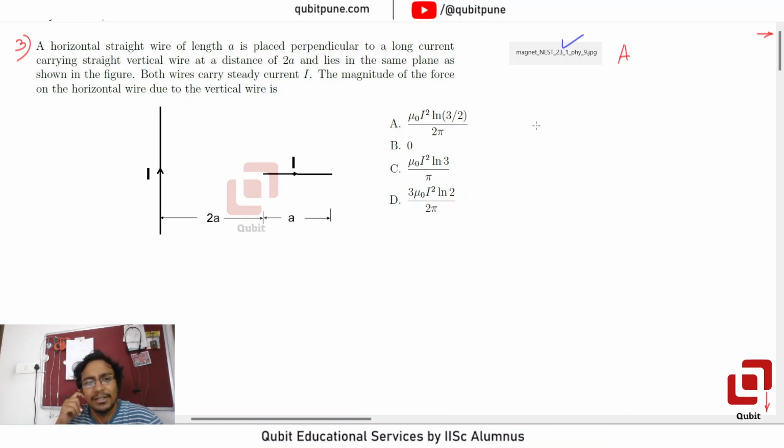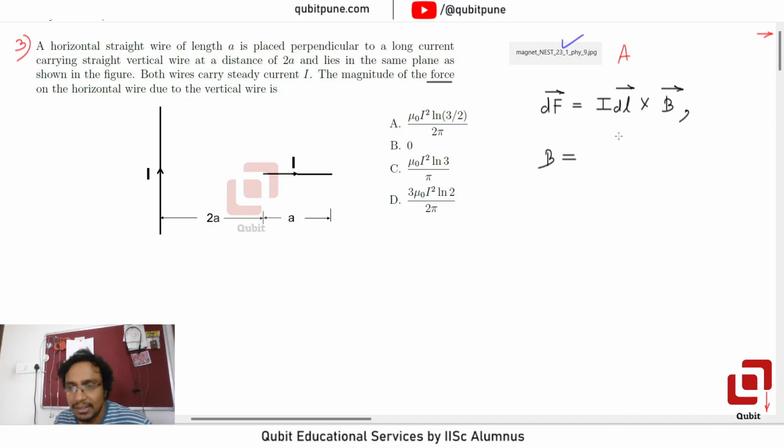Why are you finding Biot-Savart? Biot-Savart is for finding the field, we need the force. Yes, exactly, dF equals I dl cross B, which is the Lorentz force. This is the first formula you will use. Formula number 2: B due to an infinitely long wire will be mu naught I upon 2 pi r. But use this only in the range 2a to 3a. This is important. Okay, go for it.